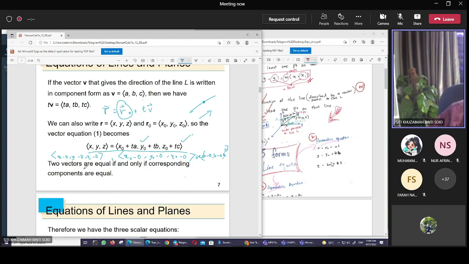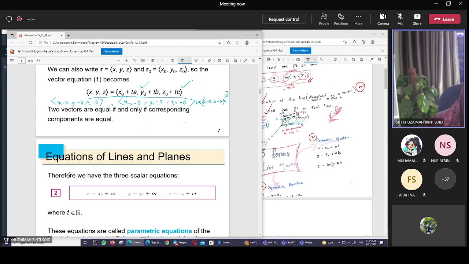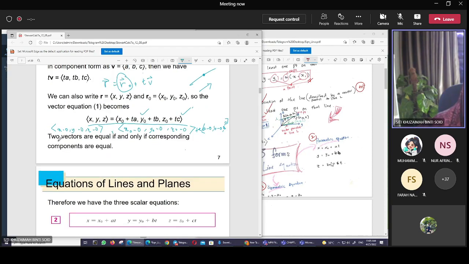Two vectors are equal if and only if corresponding components are equal.